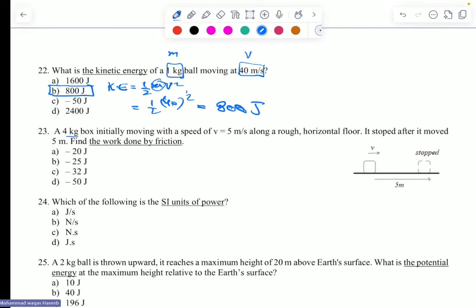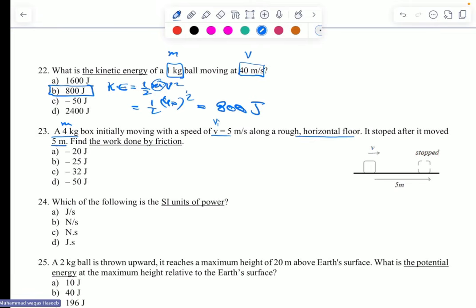Now, a box of 4 kilogram mass is initially moving with the initial speed Vi, or V1 as you wish, along a rough horizontal floor. It stopped after it moved 5 meters. Find the work done by the friction.